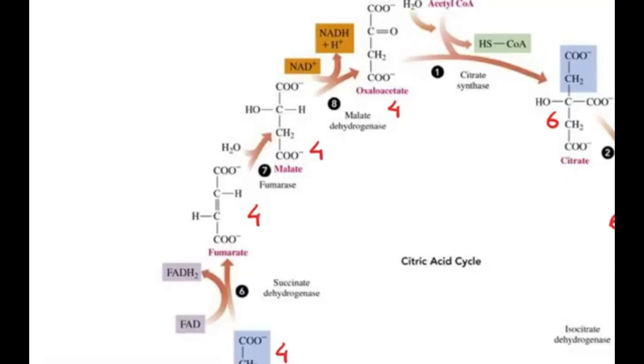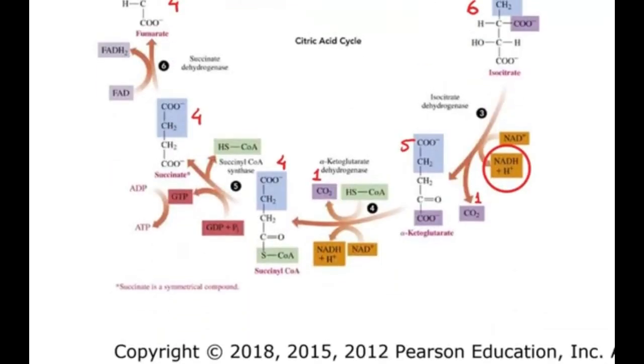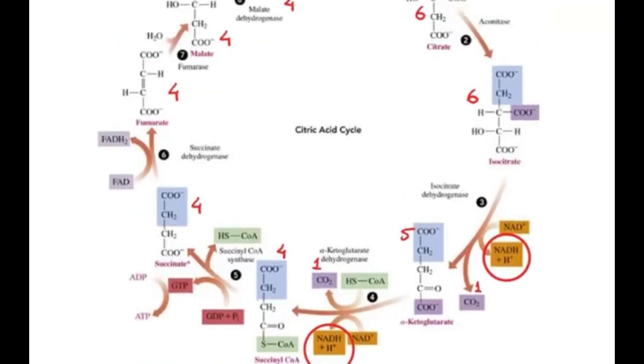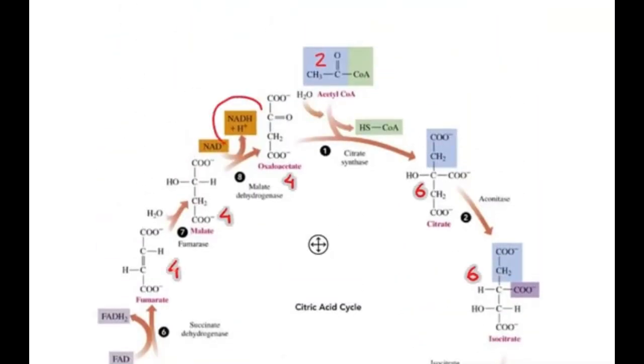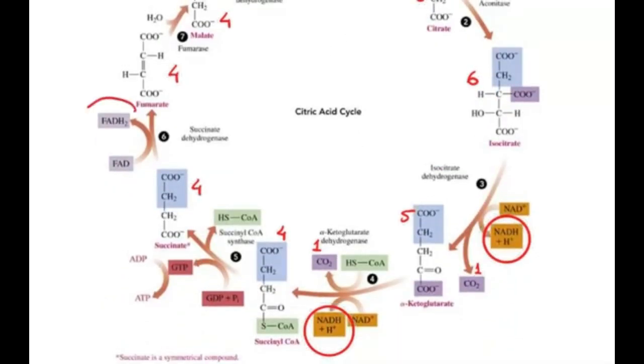And oxaloacetate can pick up another acetyl-CoA. During that cycle, NADH and FADH2 are produced. Remember, molecules that carry hydrogens and electrons, along with a molecule of ATP.